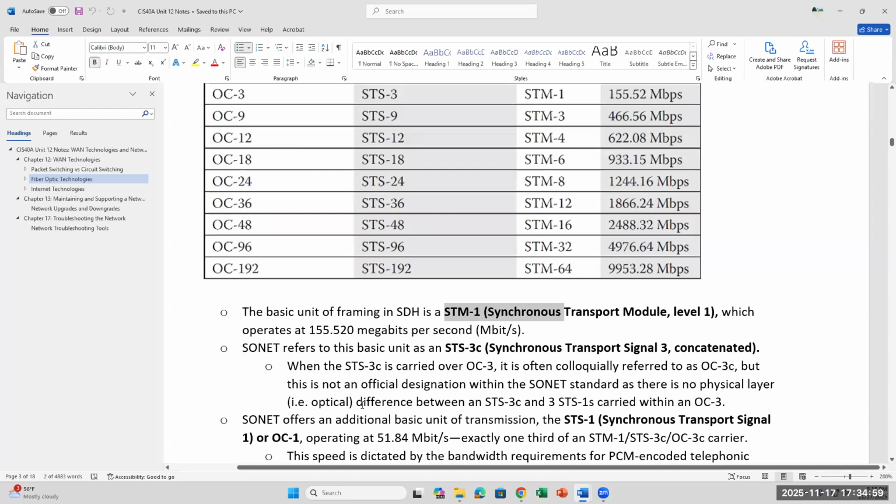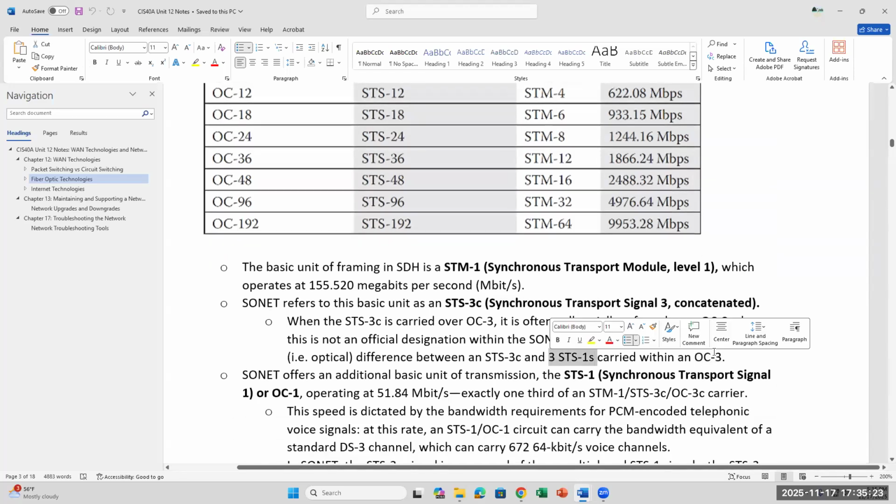And if you're using STS3C, this is going to be Synchronous Transport Signal 3 concatenated. This is specifically for fiber optic, right? All of these things are related to fiber optic. It would use an optical carrier 3, so it's 3 of the STS1.